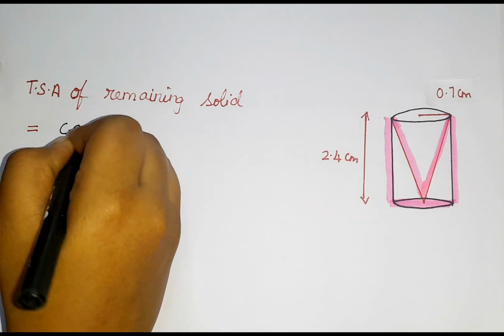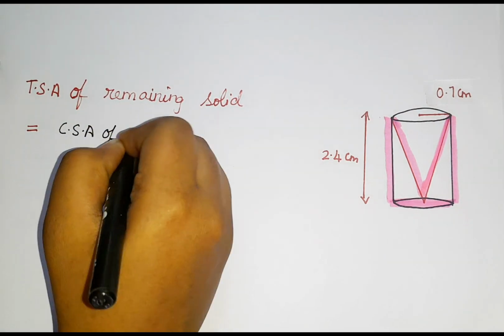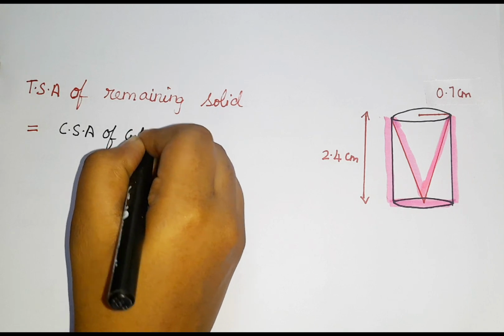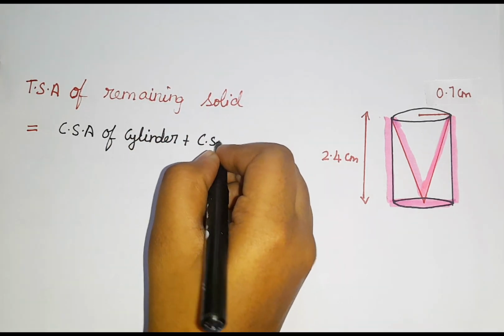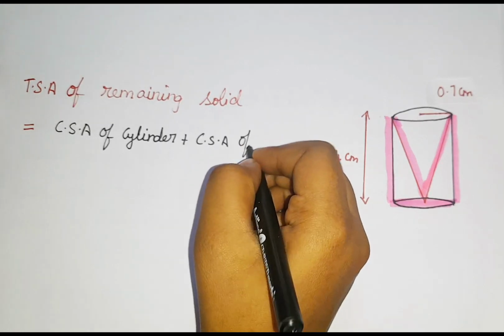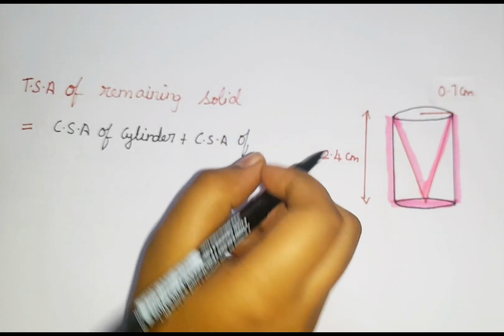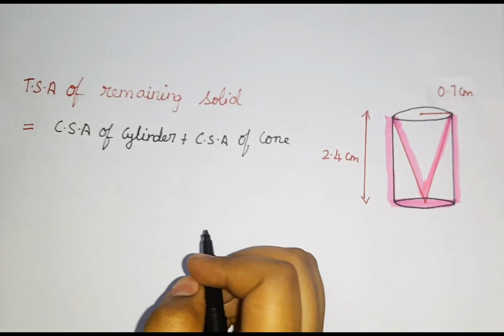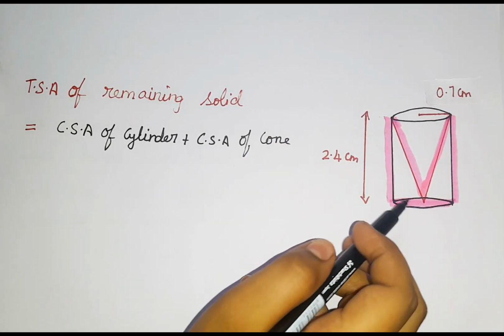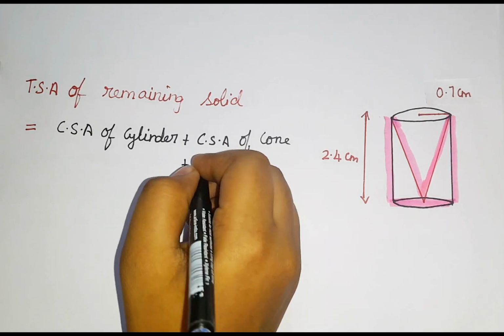So curved surface area of cylinder, and then plus curved surface area of cone. Why? Because I am able to paint the inner part. And then since I was able to paint the base as well, I can write plus base of cylinder.